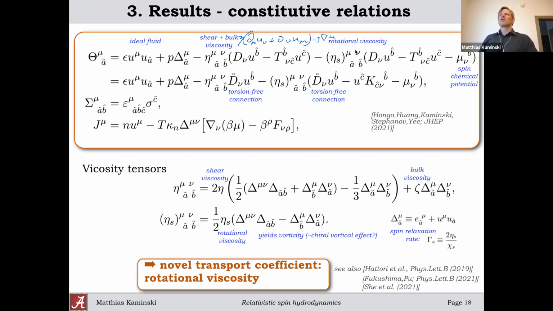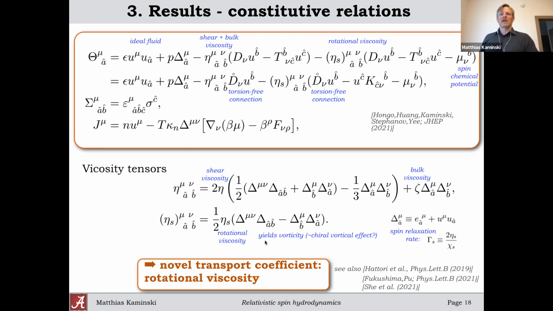And then you have this additional one, which is the more interesting bit. So you have this rotational viscosity, which has a similar combination, but you see this rotational viscosity tensor has the minus sign here instead of the plus sign. Otherwise, it's the same. So this is like a vorticity structure, because if the previous created something like the shear, du plus du, this is du minus du, so a vorticity structure with a minus sign.